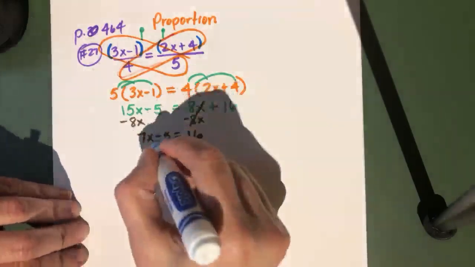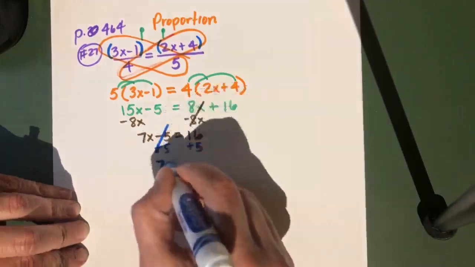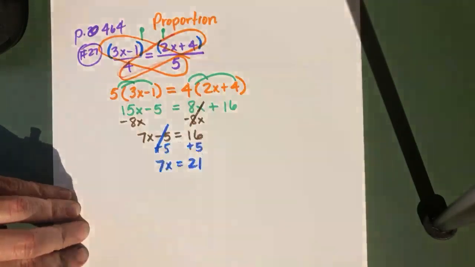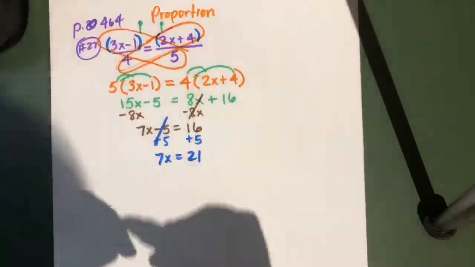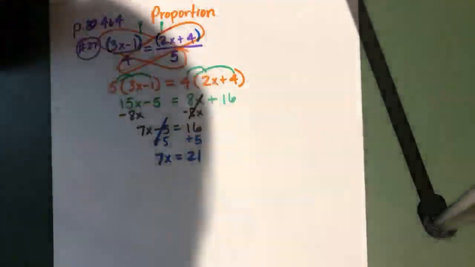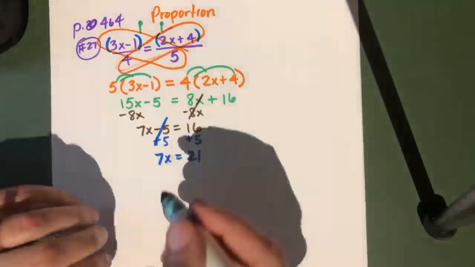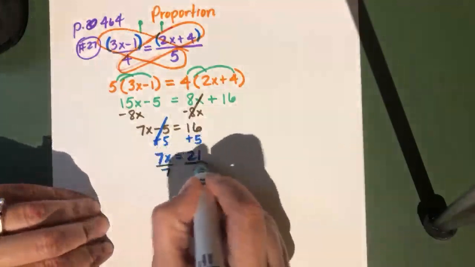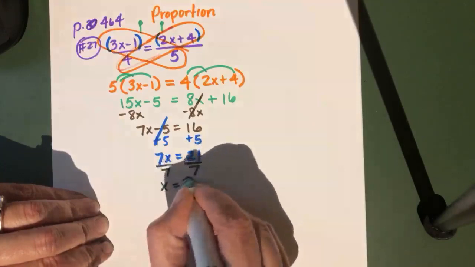Let's get the constants on the other. It's a minus 5, so I'm going to add it. So 7x is going to equal 21. Okay? Yes, you're going to get a nice even answer, unlike the evil decimals I usually give you. So now the last step is going to be divide both sides by 7, and x is going to equal 3.